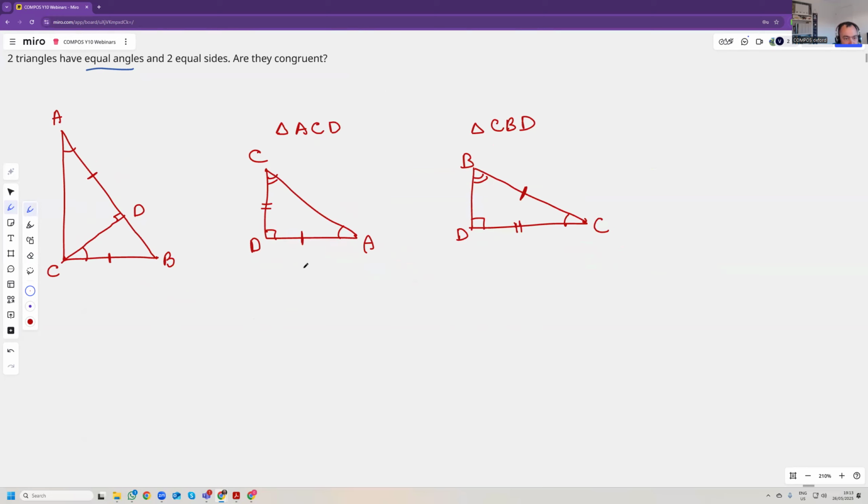So CD is a common side, and AD is equal to CB. So they have two equal sides and they have three equal angles, but they're not the same triangle because obviously they're not.